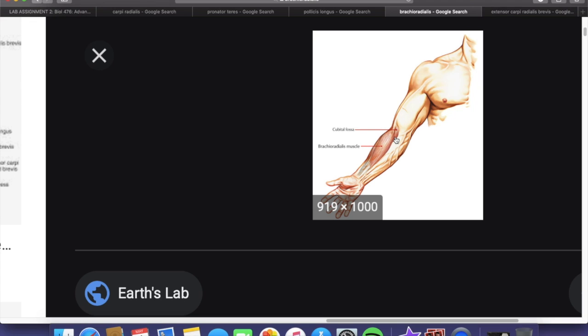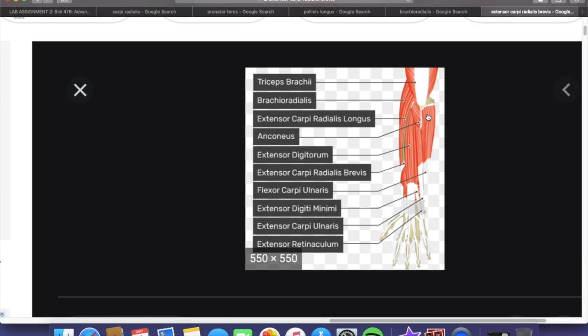and it is responsible for flexion at the elbow, and it's innervated by the radial nerve and supplied blood through the radial artery. Okay, the last muscle of the superficial posterior forearm is the extensor carpi radialis brevis.